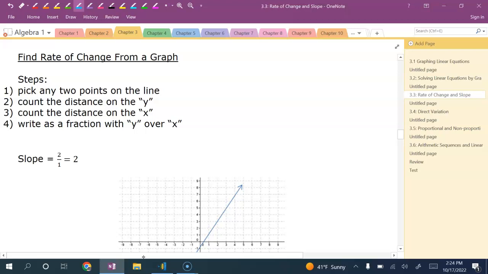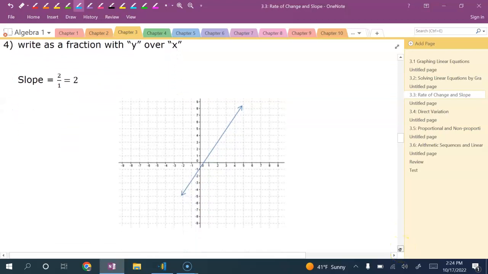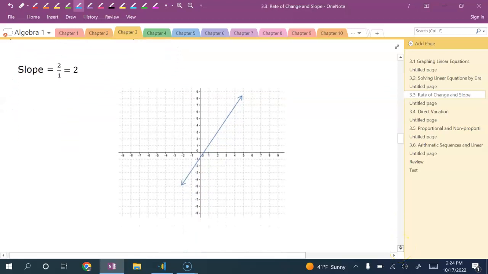So for this first example that I gave you, I would maybe pick 2 points. Again, pick easy points. So I picked this one, that's at 1, 1. And another point that I picked is right here at 2, 3. And so to find my slope, I counted the distance on my y. From my first point up here, how far up did I go?